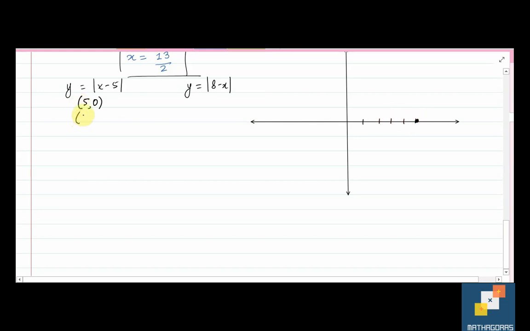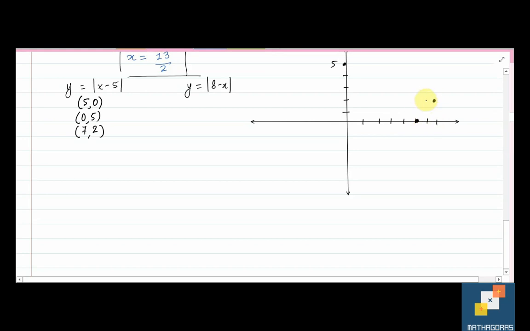Similarly, if x is 0, y will be negative 5, but outside the modulus it's positive 5. 2, 3, 4, 5. And if x is, let's suppose, 7, then 7 minus 5 is 2. So when x is 7, the value of y is 2.